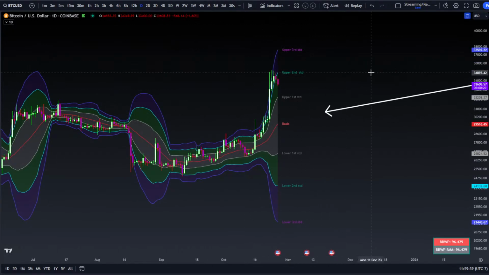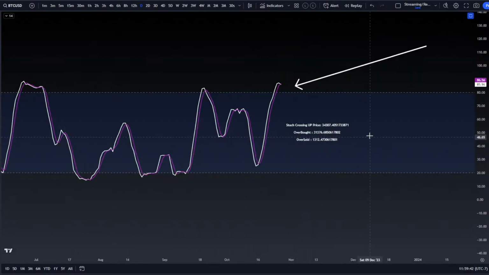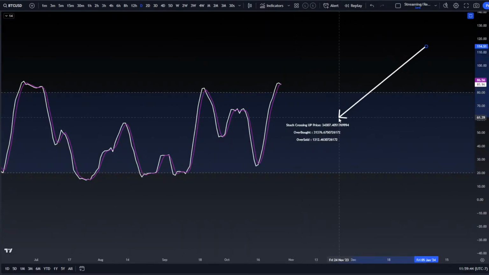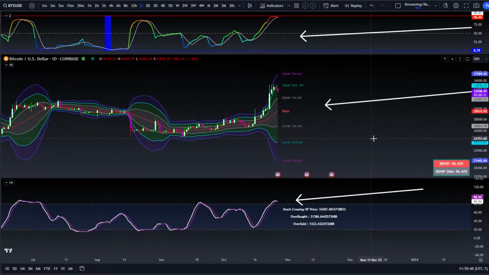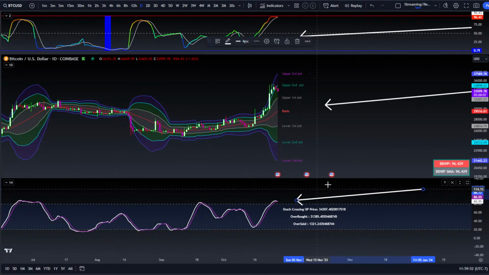So daily Stoke is looking to turn down on any closes below 34,300 today. So below $34,000, that's not going to keep its cross to the upside. Basically, we'd get an initial cross to the downside.